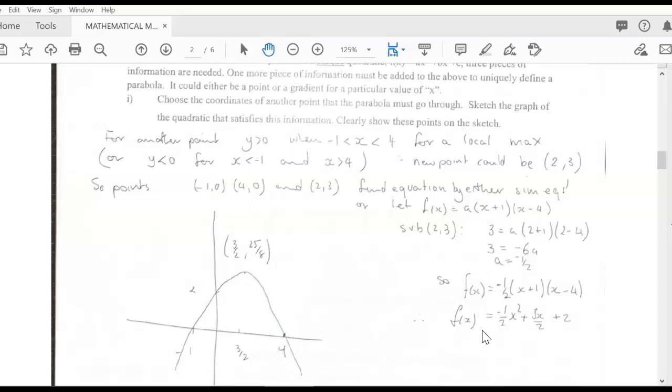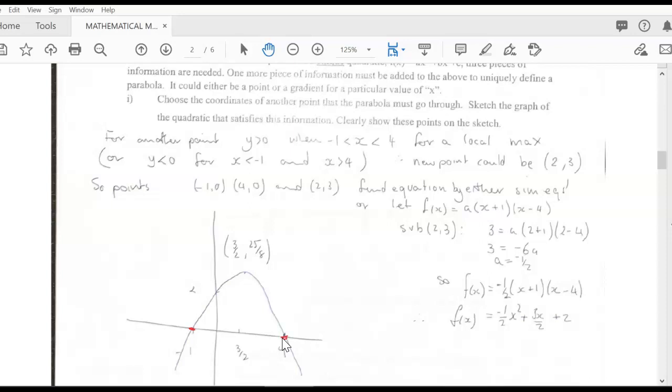So for another point, y is greater than 0 when x is between -1 and 4. You can see here from -1 to 4, y is greater than 0, or y is less than 0 when x is less than -1 or greater than 4.